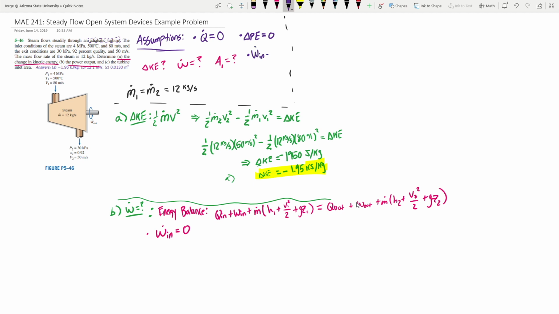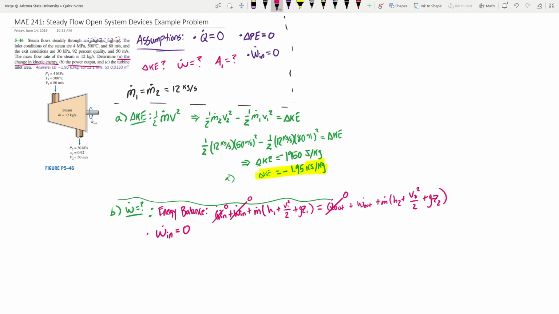Say that work in is equal to 0. Okay, so now let's start evaluating this. We said Q dot is 0 from our assumptions earlier. W in is 0.